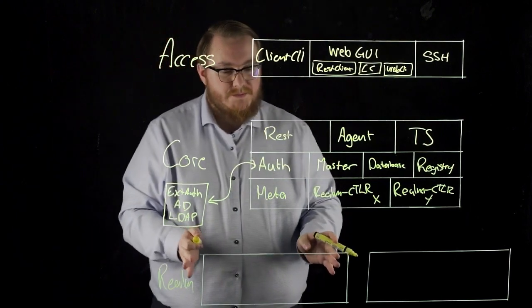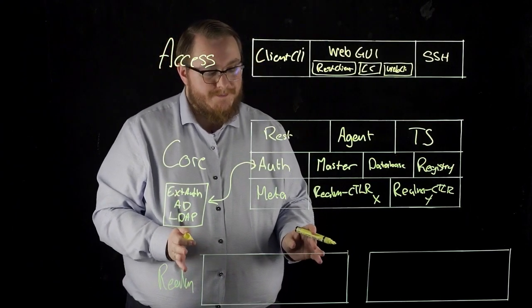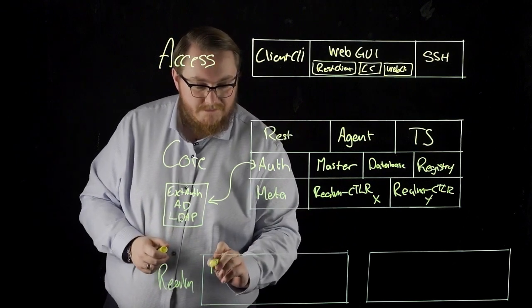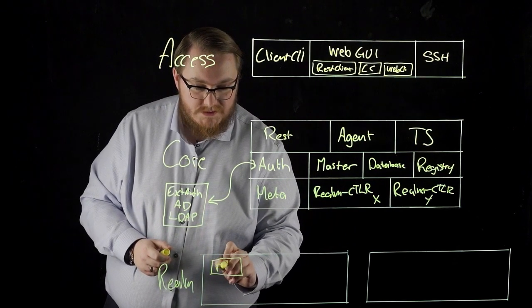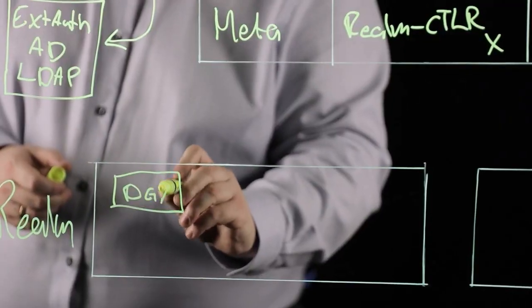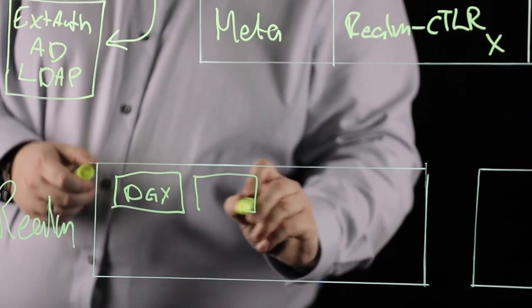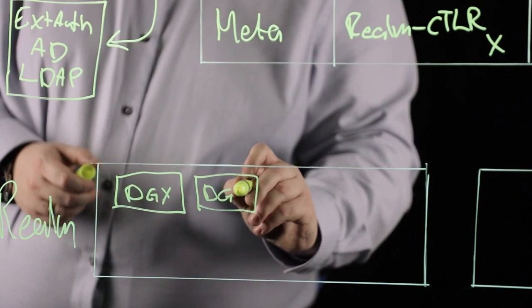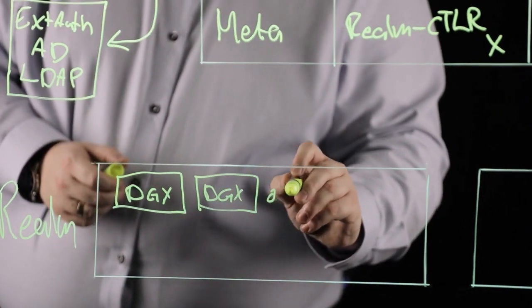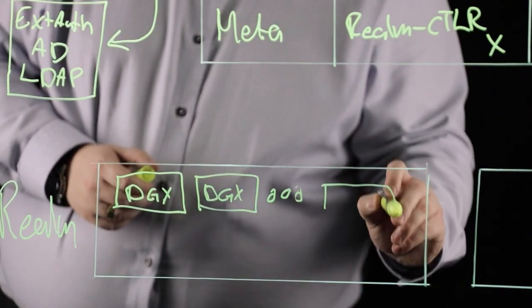So this realm layer is where the actual nodes and data resides. So in the realm layer we have the actual compute nodes. So let's say for this example this is a DGX. We have 2 DGXs. Well, let's say we have many DGXs, so can be as many as you would like.